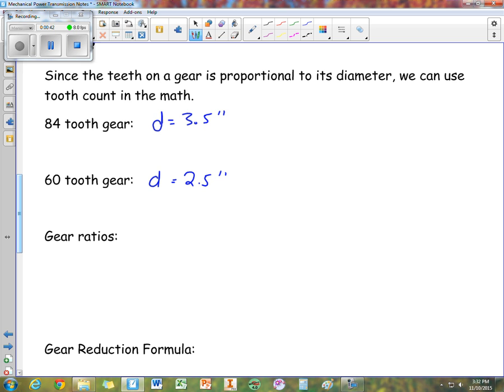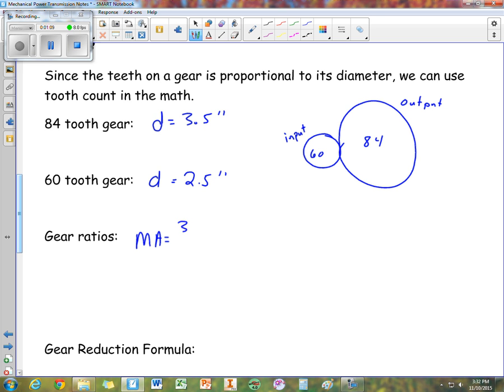Now, if I were to set this up where I had the 60 tooth as my input and the 84 tooth as my output, when I would go to calculate the mechanical advantage of this system, I could do 3.5 inches divided by 2.5 inches, and that would give me a mechanical advantage of 1.4.